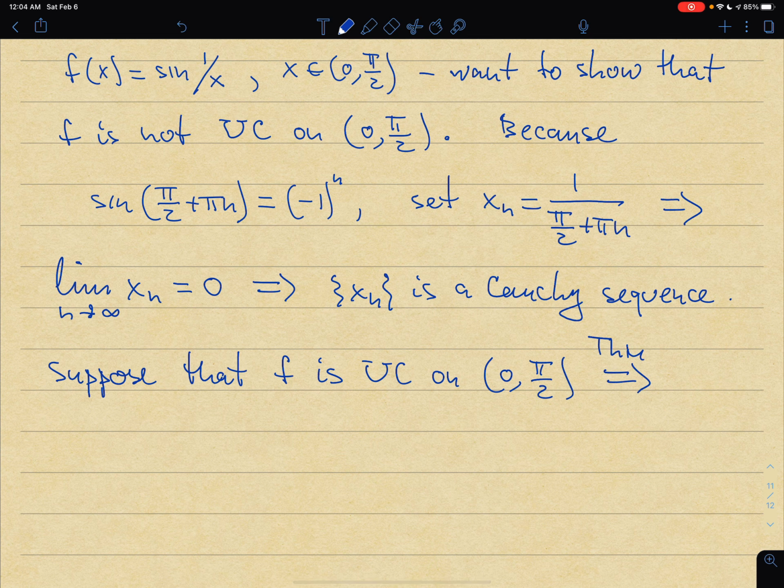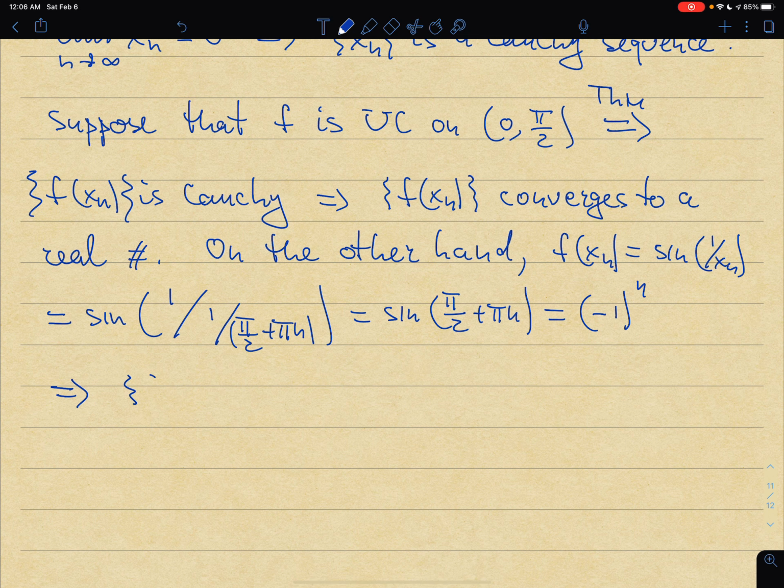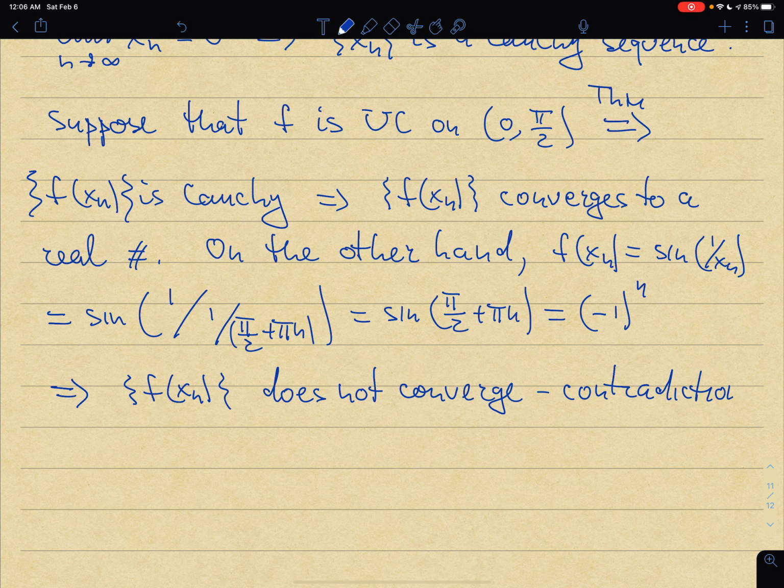Well, and so then the sequence f of xn, (-1) to the n, is not a convergent sequence. It does not converge. But according to our assumption, it does converge to a real number, so that's a contradiction. And so we're done, right? We proved that the function is not uniformly continuous.